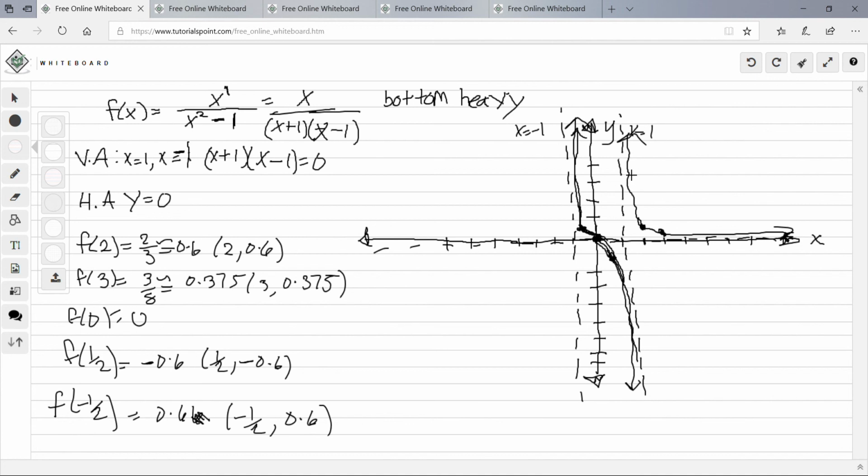Good. And it never passes through these asymptotes. It'll never go through x equals 1 or negative 1.